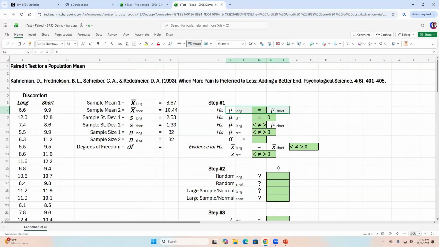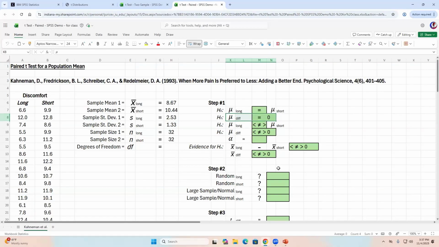Again, I'm going to show you 2 different ways that people often do this. Here we have the population mean discomfort for the long condition equals the population mean discomfort for the short condition. So again, it's by populations. The null hypothesis is that the 2 of them equal each other. For some reason, I don't like this convention, but this is the one that your textbook uses.